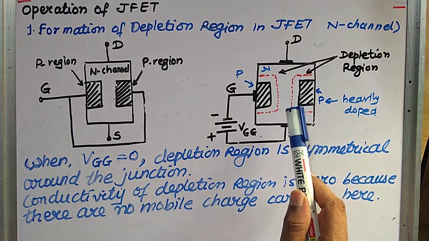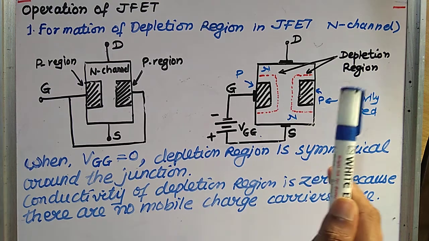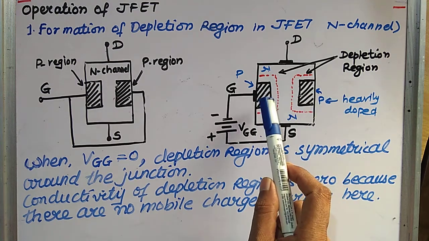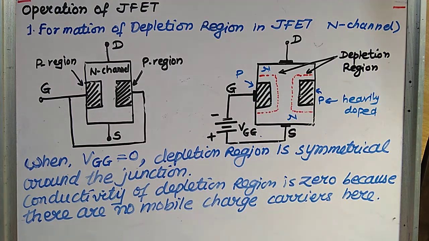It means the width of the depletion region in the N region is the same as the width of the depletion region in P-type semiconductor. But the conductivity in the depletion region is 0. Now why is the conductivity of the depletion region 0? Because there are no mobile charge carriers in this depletion region.